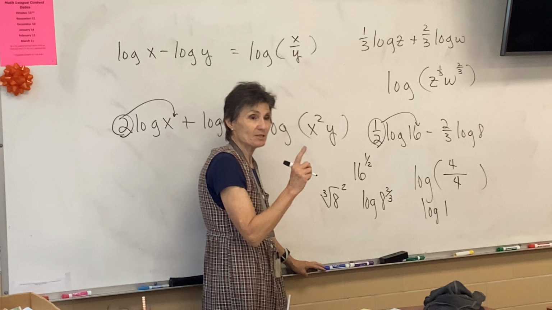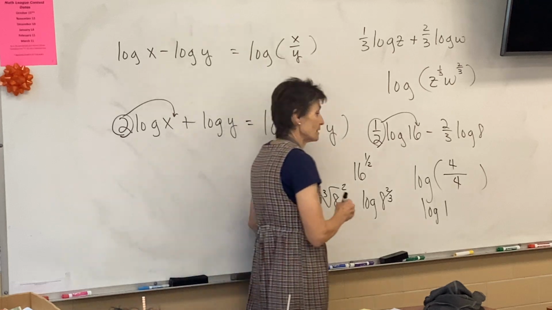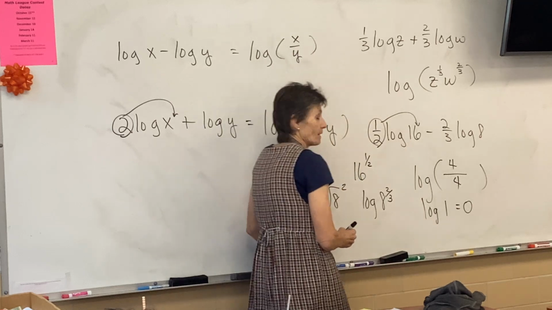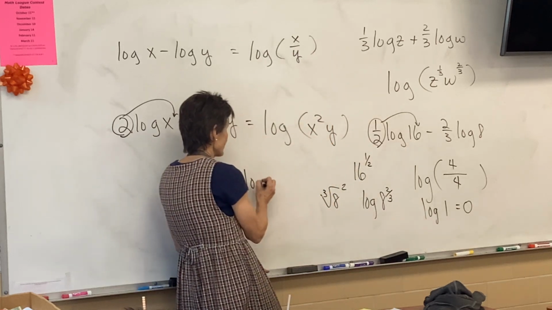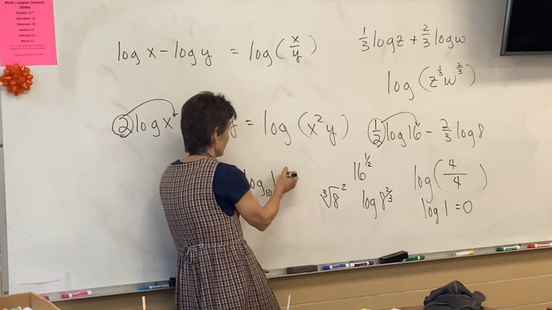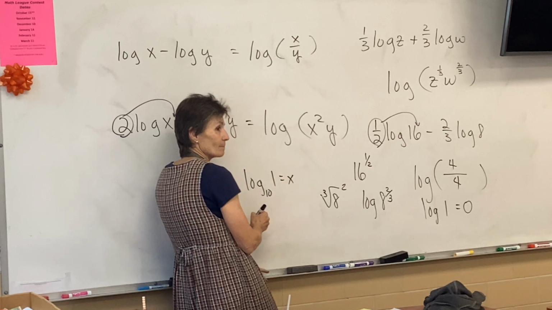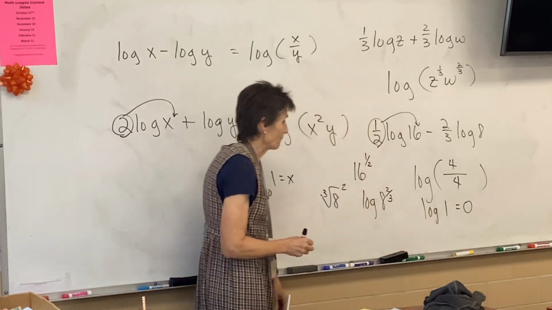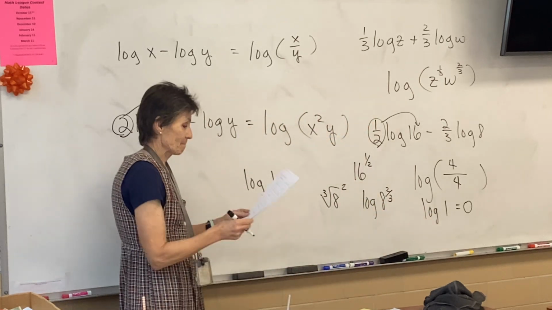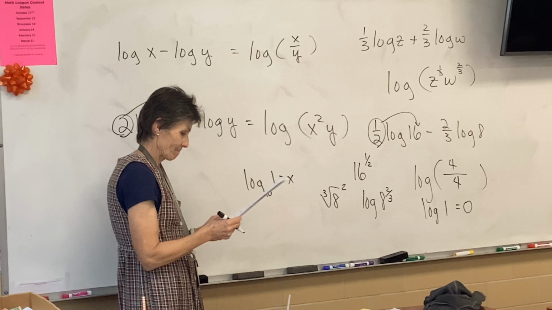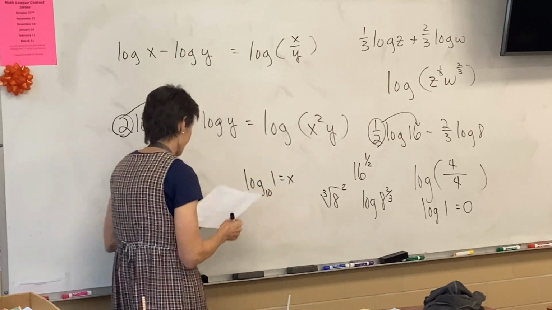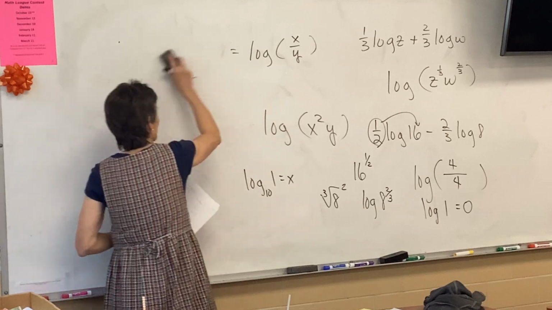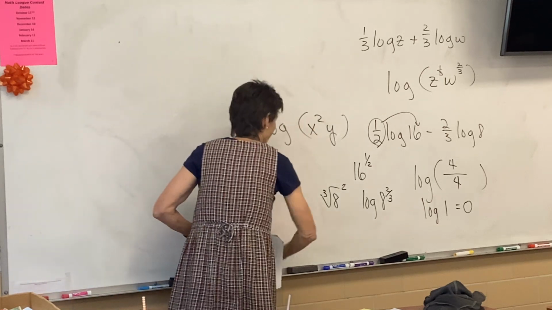But if you're going to be an A student, you're going to say the log of 1 is 0. Because what's the log base 10 of 1? 0. The log of 1 is 0. See why we gotta know our exponent rules? Because they show up all over the place.